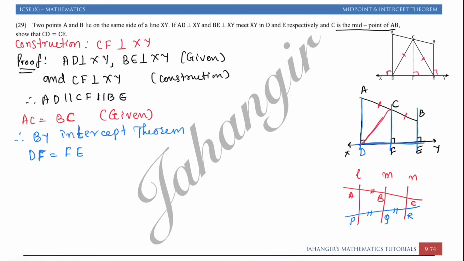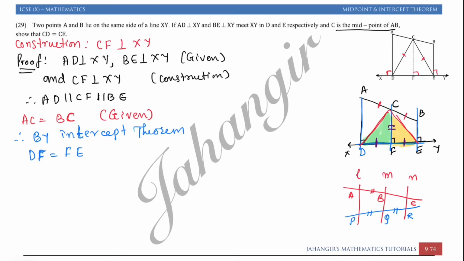Now I will draw this line because I want CD is equal to CE. So I will consider two triangles. First triangle is this. Second triangle is this. DF is equal to FE.